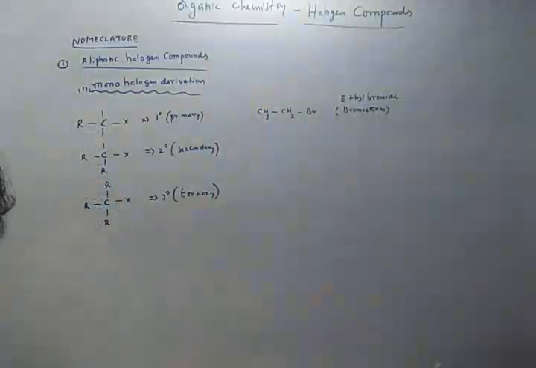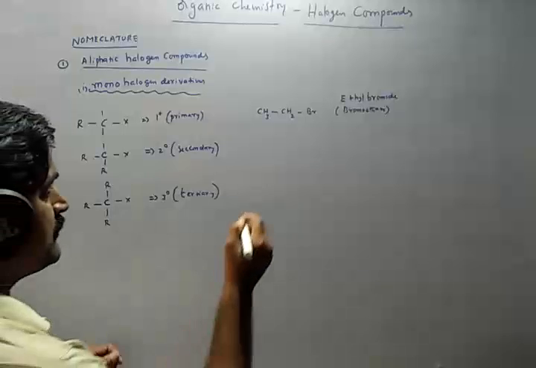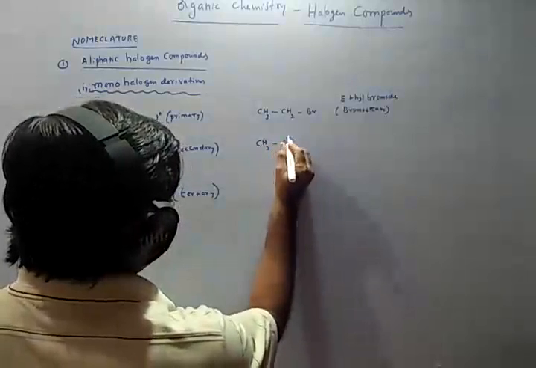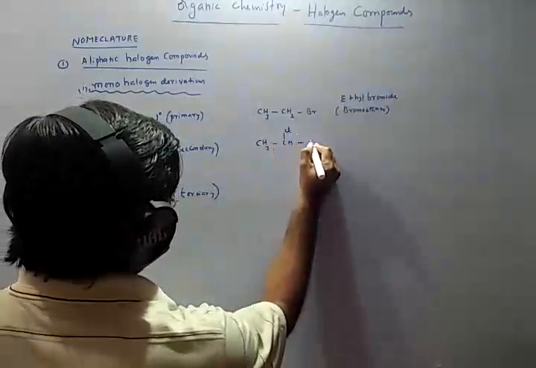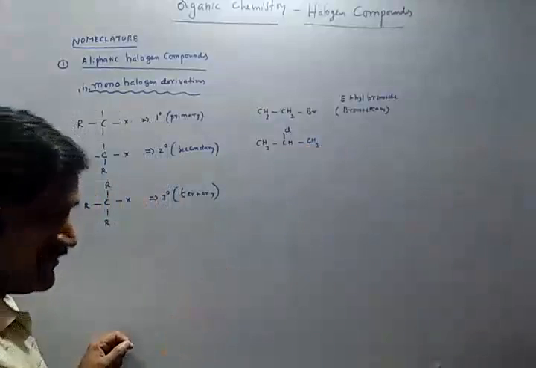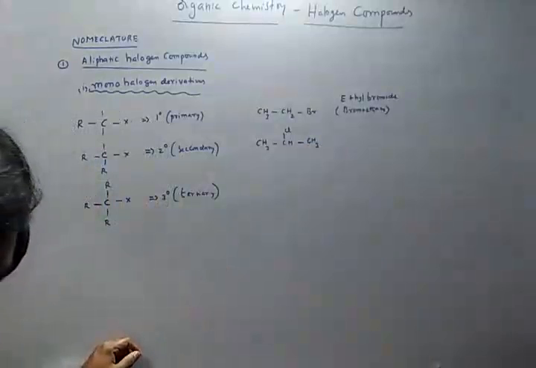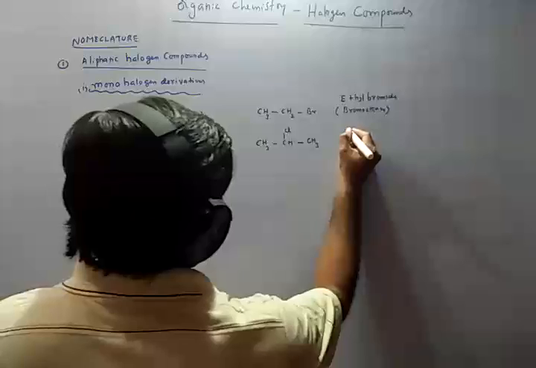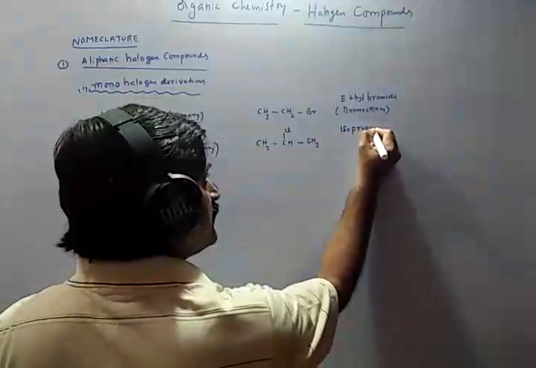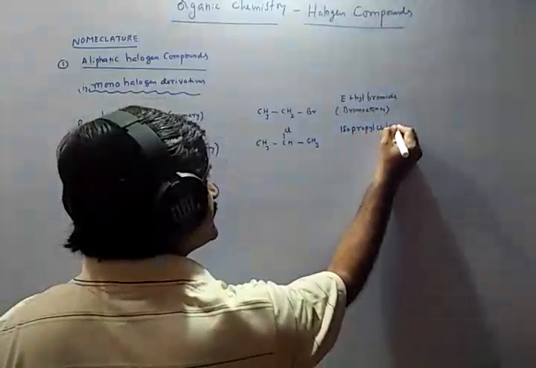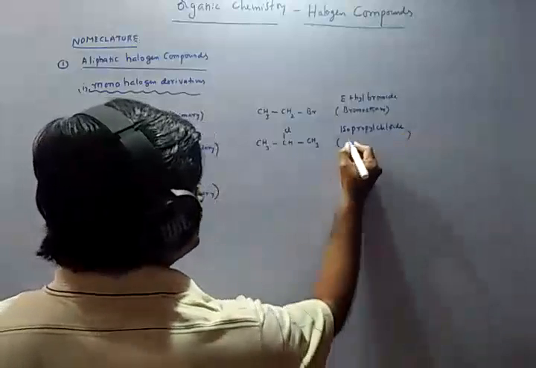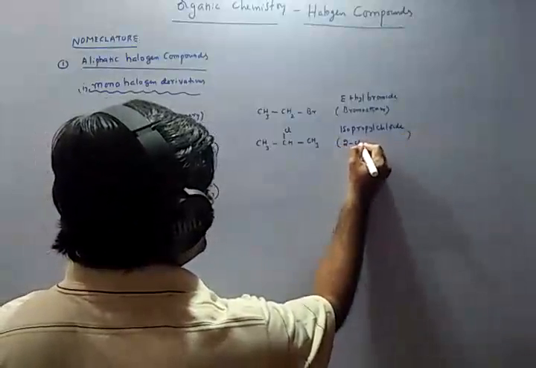If it is quite different from the other one, if I write CH3, CH, Cl, CH3, then we call this isopropyl chloride, which is 2-chloropropane.